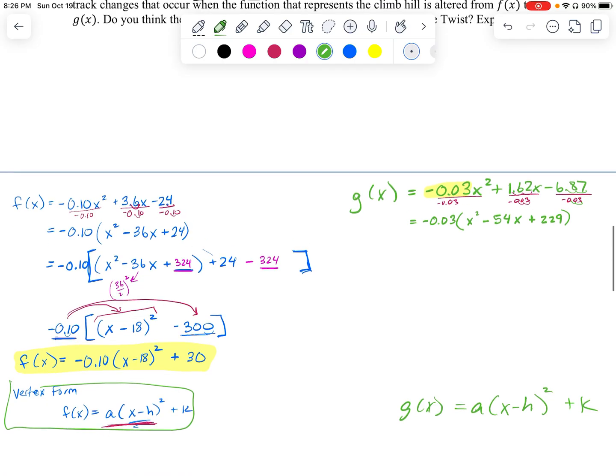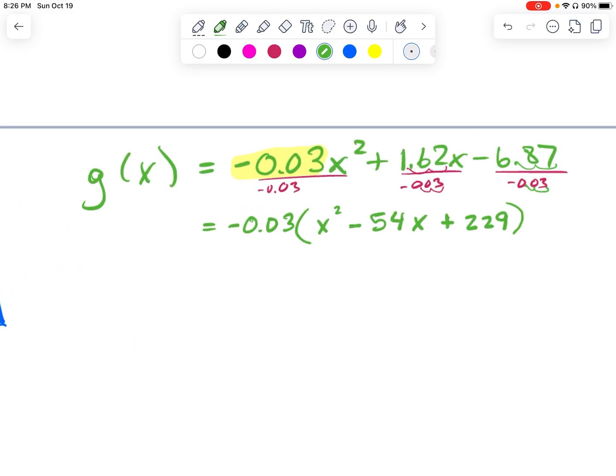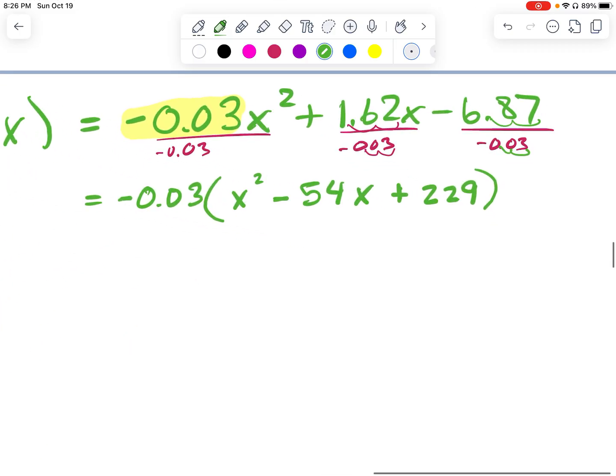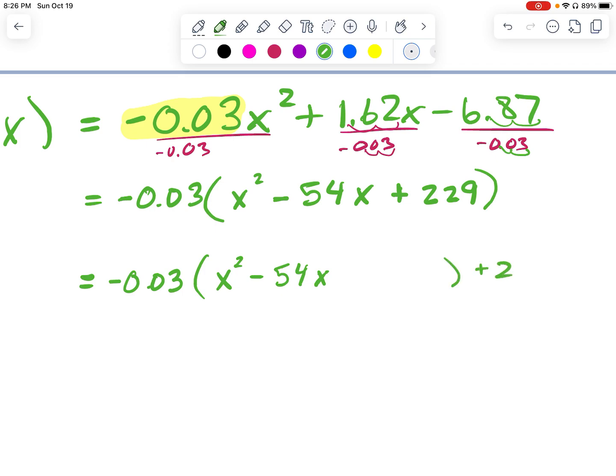I want to put the steps we did in f on the same screen. So remember what we did was complete the square and separate that constant that's going to become the k. So that 229 is going to go into the k, and I'm going to complete the square using the first two terms of this. So I'm going to write the first two terms, close it, and then finish it.